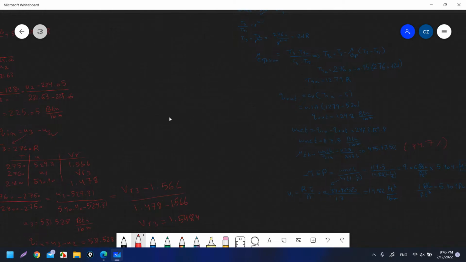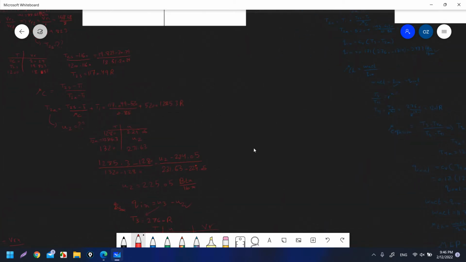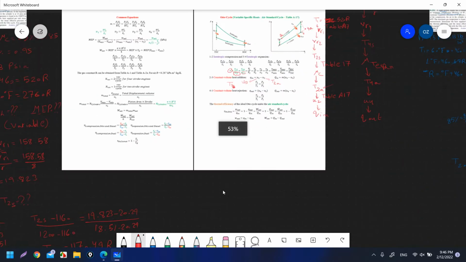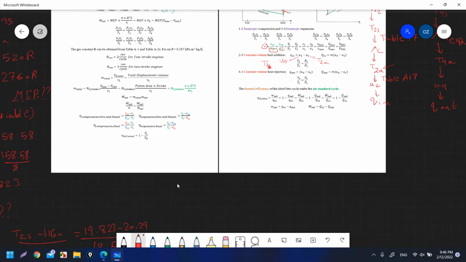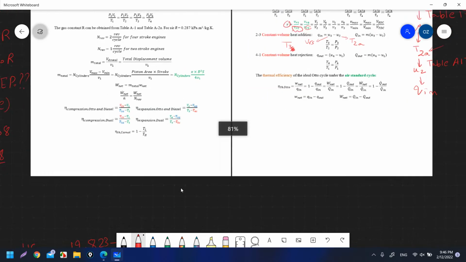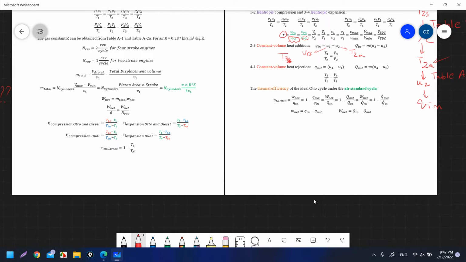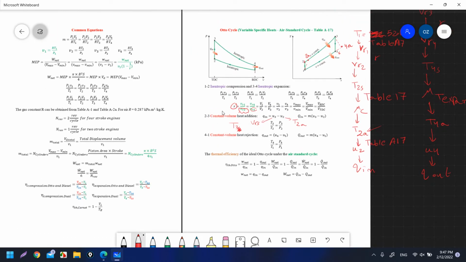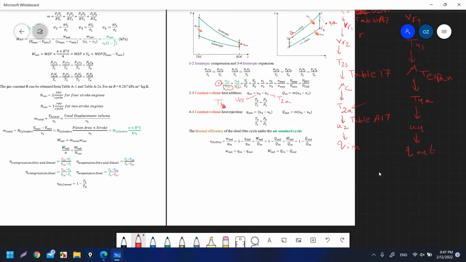For this chapter we also have the diesel and dual cycles, where you will have nearly the same procedure. The second part of the chapter is about the Brayton cycle. It is an open cycle, but the Otto, diesel, and dual cycles we treat as closed systems, because we ignore the intake and exhaust valves.